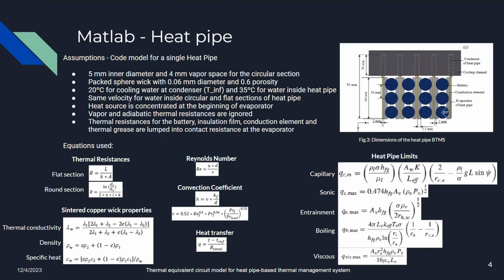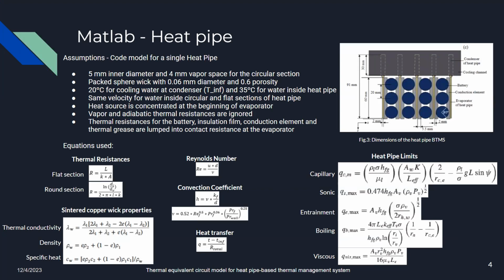All right. These are the assumptions made to simplify our heat pipe. On the right-hand upper section, you can see the diagram of the heat pipes used. And in the center, you can see the specific sizes, such as the inner diameter, the vapor space. Within the problem itself, they used wick properties that match packed spheres equations.